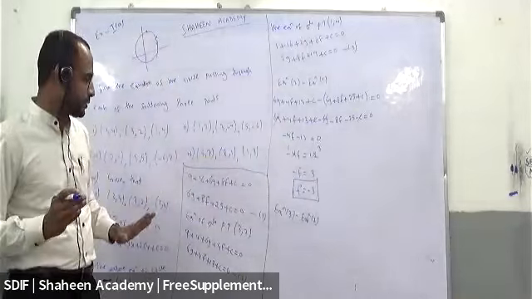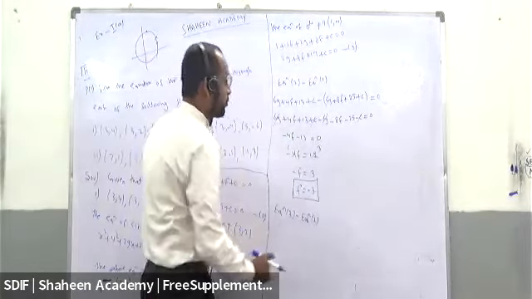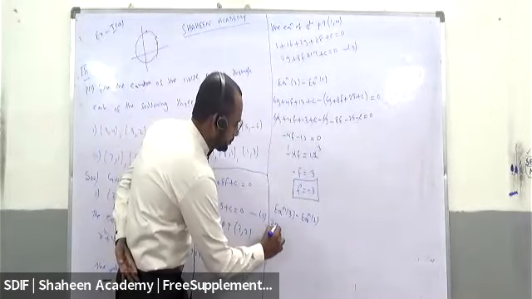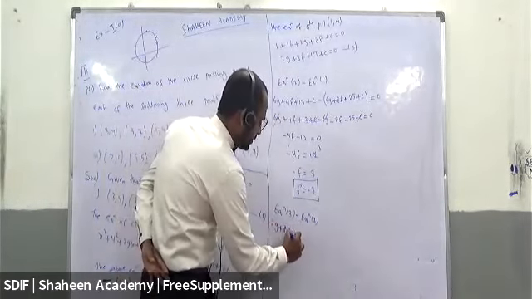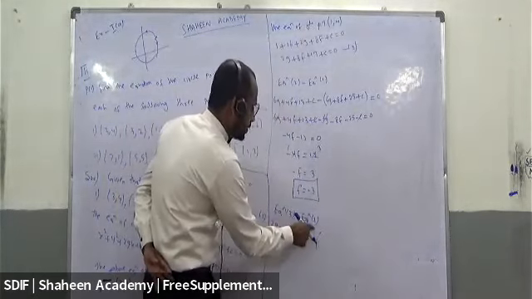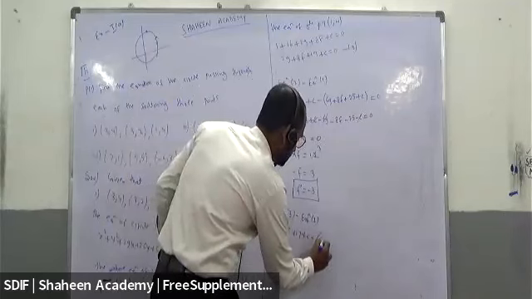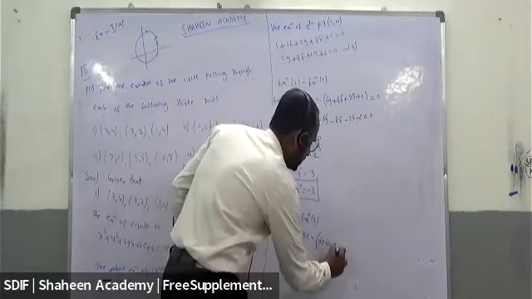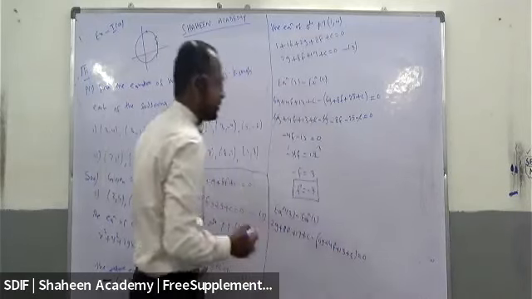Next, what do we have? Equation 3 minus equation 2. What is equation 3? We have 2g plus 8f plus 17 plus c, minus equation 2. What is equation 2? 6g plus 4f plus 13 plus c is equal to 0.